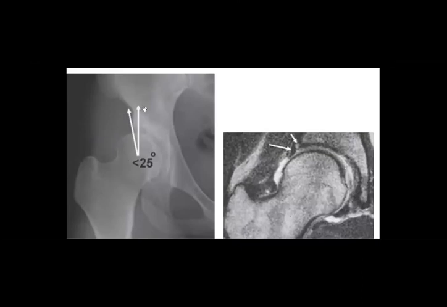The center edge angle, this angle, is used to calculate the coverage of the femoral head. And here they show you that there is under coverage. One line from the center of the femoral head, and the second line to the lateral edge of the acetabulum. The coverage should be more than 25, not less than, or equal at least.